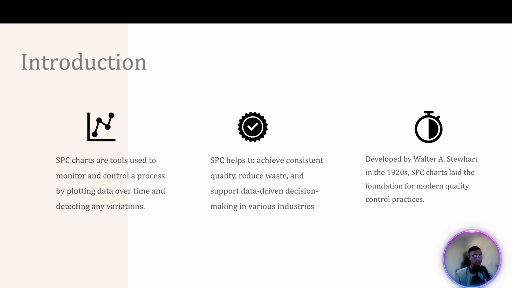Industries like healthcare, manufacturing, IT, and e-commerce widely use this kind of chart to monitor their process. This chart mainly helps to find out the special cause and the normal cause within your process. Let me go to the next part and then it will be clearer.